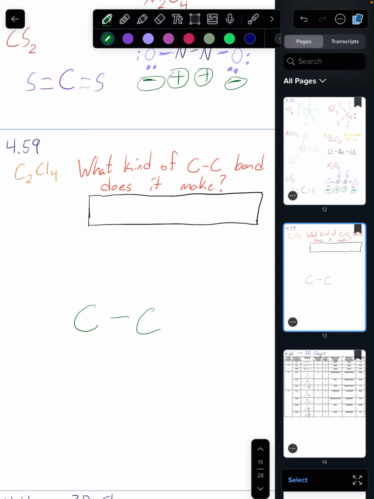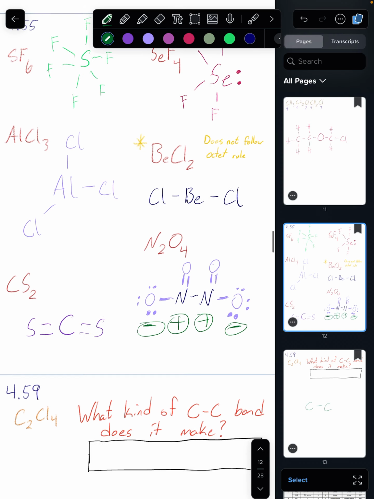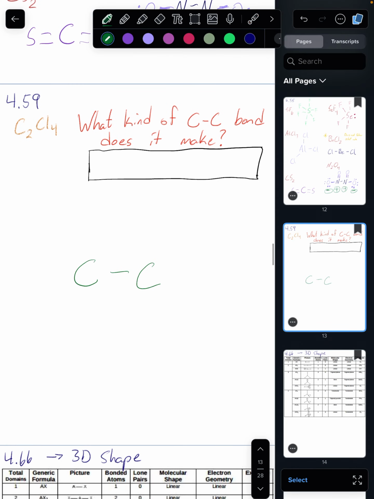Okay? And in this case, like how we discussed with this one and the way it just bends, the easiest way in this case is to have 2 chlorines to each carbon.